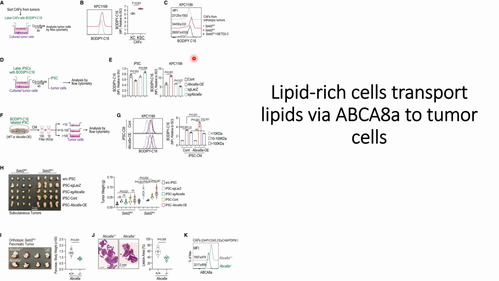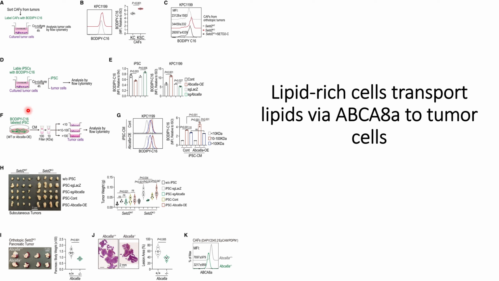Now they need to find out the mechanism, or which genes are involved in this transport of the lipid. They checked the literature and found that the ABCA8a gene is responsible for lipid transport from the lipid-laden cells to other cells.